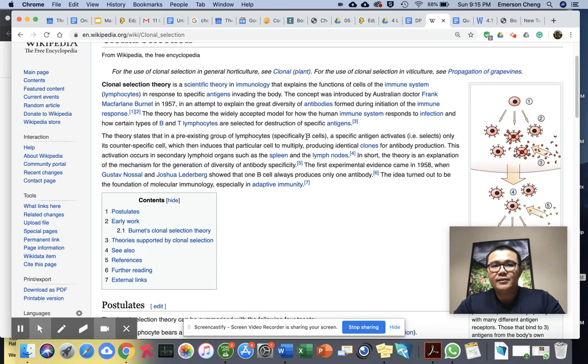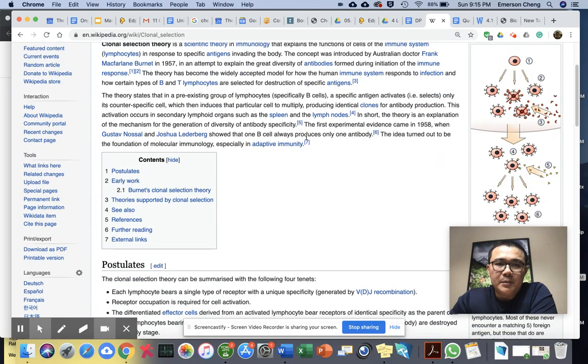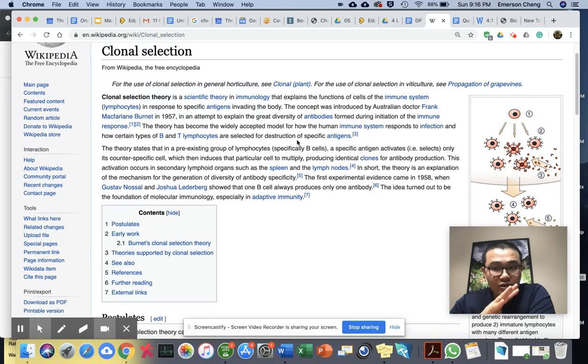Now, partly clonal selection. I believe this is partly the higher level material. However, keep in mind, this stuff here is pretty much third year and fourth year university stuff.